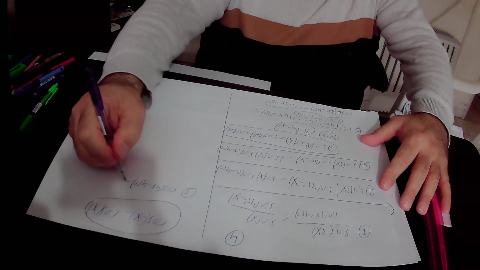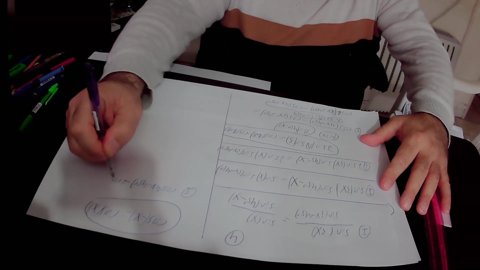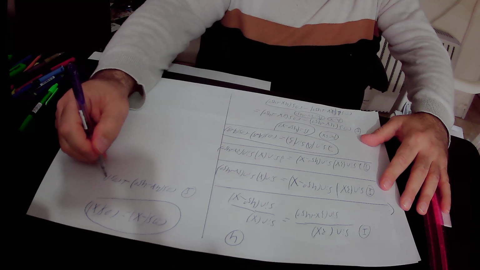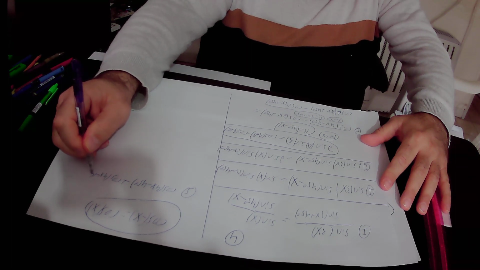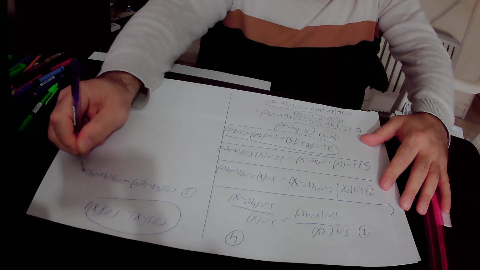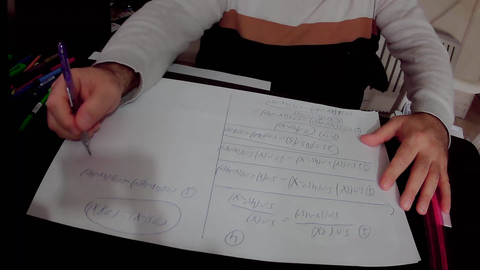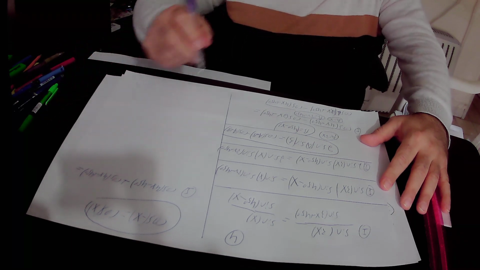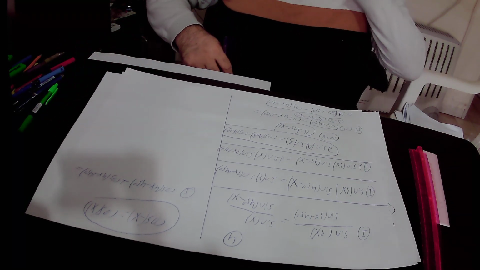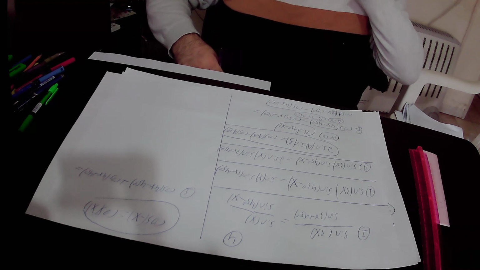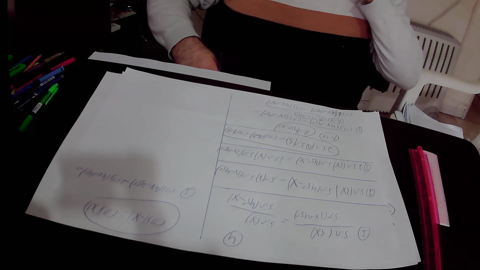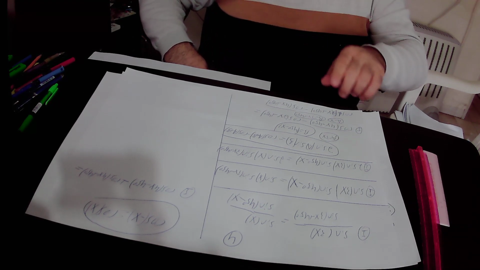So here it is plus cosine 4x plus 45 degrees, and it equals cosine 2x plus 45 degrees minus cosine 4x plus 45 degrees.